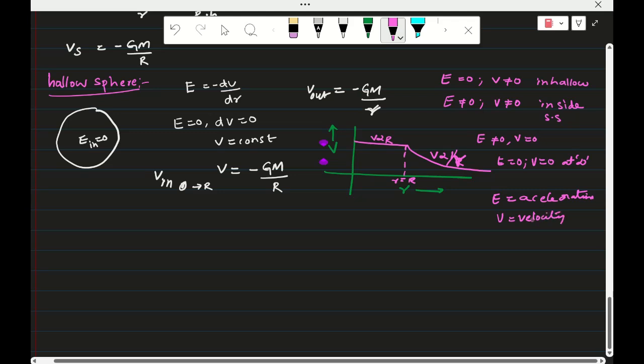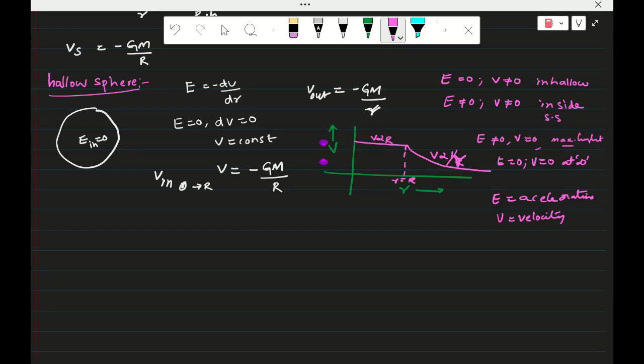So you'll get the cases. This is like the maximum height point. At the maximum height, at that point, this is considered acceleration and potential. This case is also there, that we'll discuss, right? In the potential case, I'll explain clearly.